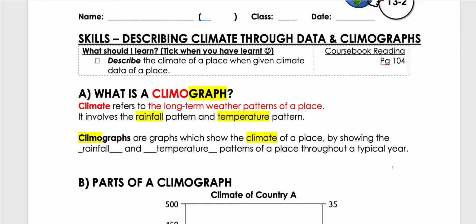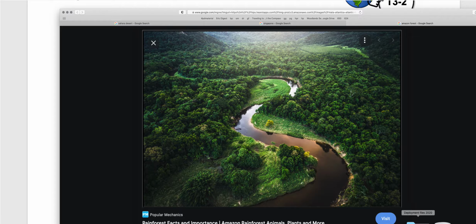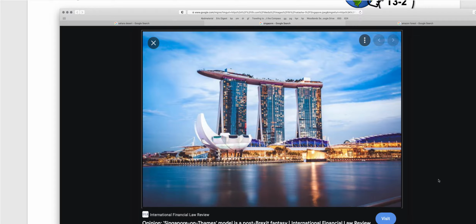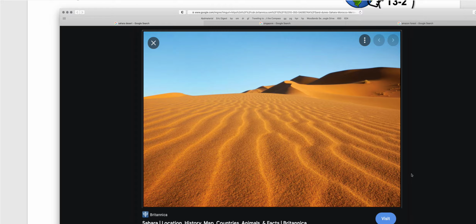Now, why do we need to use climographs? Why do we use data? Why can't we just say hot and cold? Well, there are very diverse climates in the world. You have already learned the savanna, the tropical rainforest, and then you have Singapore's climate, and super hot climates like the Sahara desert.